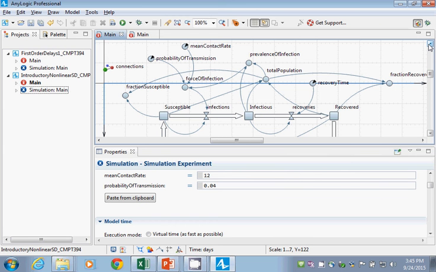Then times beta. For each of those contacts between me as a susceptible and an infective, what's the likelihood that the infection is transferred to me? So this whole thing is the force of infection.